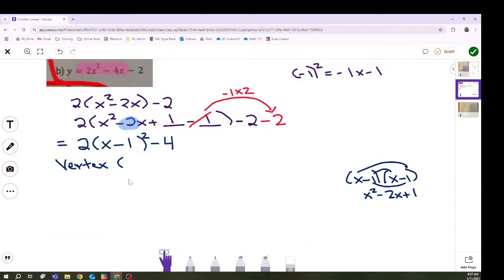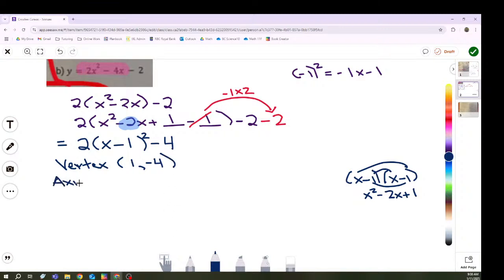So this one, what would the x value be? 1, what would our y value be? Negative 4. Yeah, you're coming from the end piece for that. Okay, now that we have the vertex, what is our axis of symmetry? Good. I'm just going to go sim because I'm lazy.